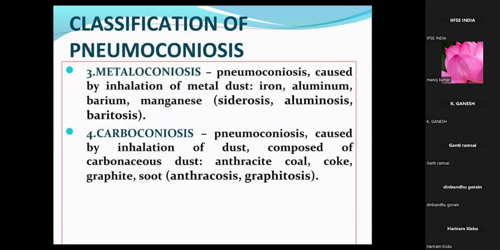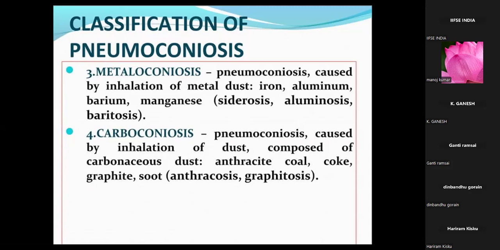Then metal coniosis, as the very word shows, is caused by inhalation of metal dust, such as iron, aluminum, barium, magnesium. Here it is divided into siderosis, aluminosis, and barytosis. These are different diseases caused by different types of metals.